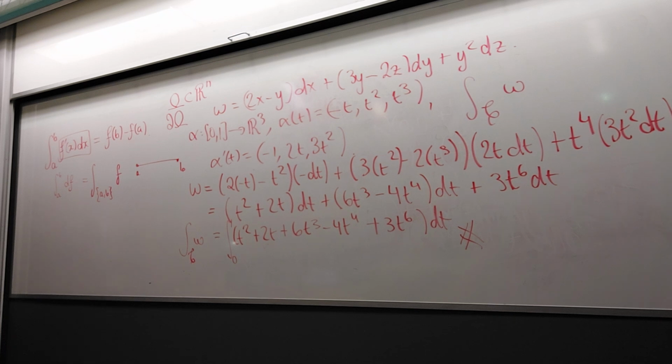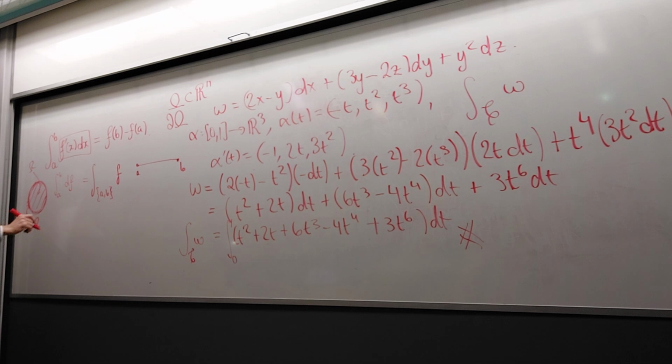So for instance, if I take the disk, then the boundary consists of just a circle. Make sense? So this would be my omega, this would be the boundary.